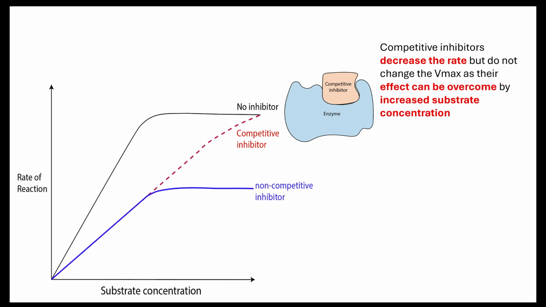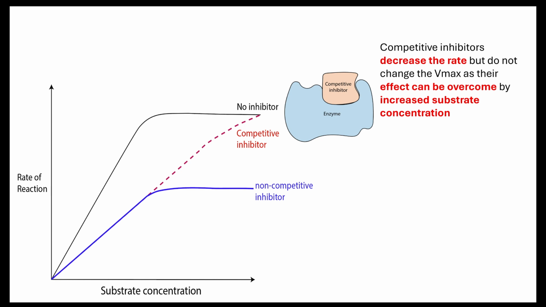However, if we increase the substrate concentration, what you will find with a competitive inhibitor is that you will still reach your Vmax, because when you have more substrate, the substrate molecules are going to be able to outcompete the competitive inhibitor. Now, that's only if the competitive inhibitor is a fixed volume.